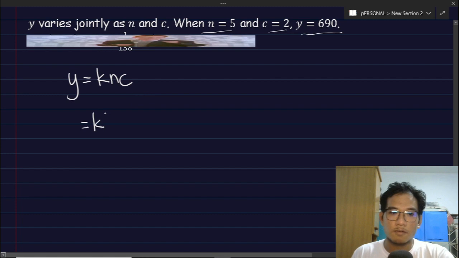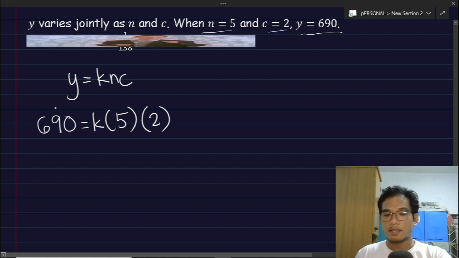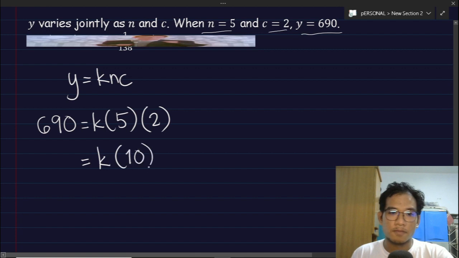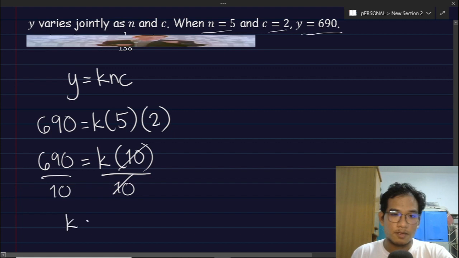So n is equal to 5, c is equal to 2, which makes y equal to 690. Okay, so we can multiply 5 and 2, resulting to 10. And dividing both sides by 10 to isolate k, we will get k is equal to 69.